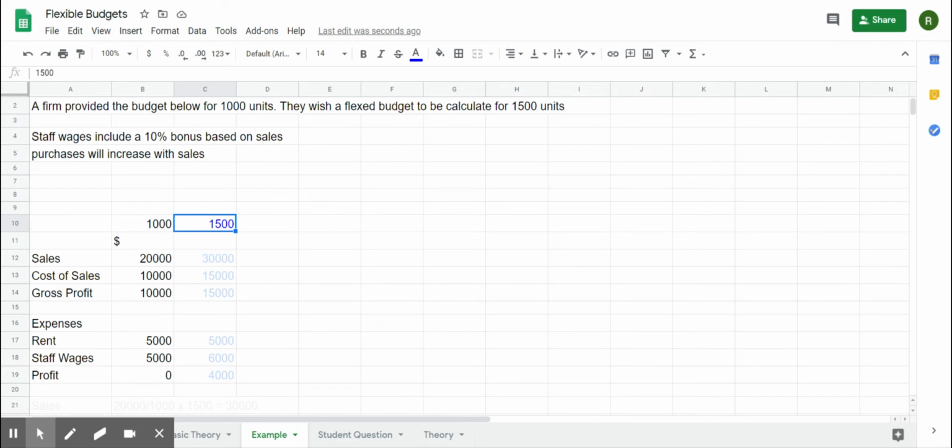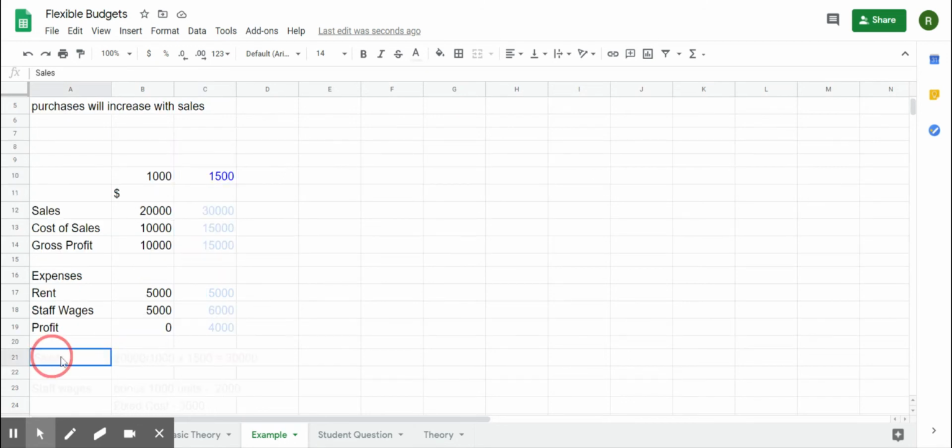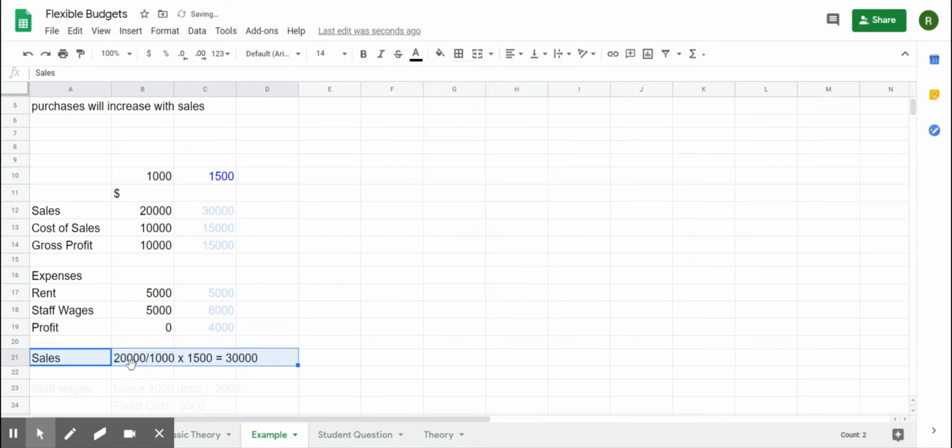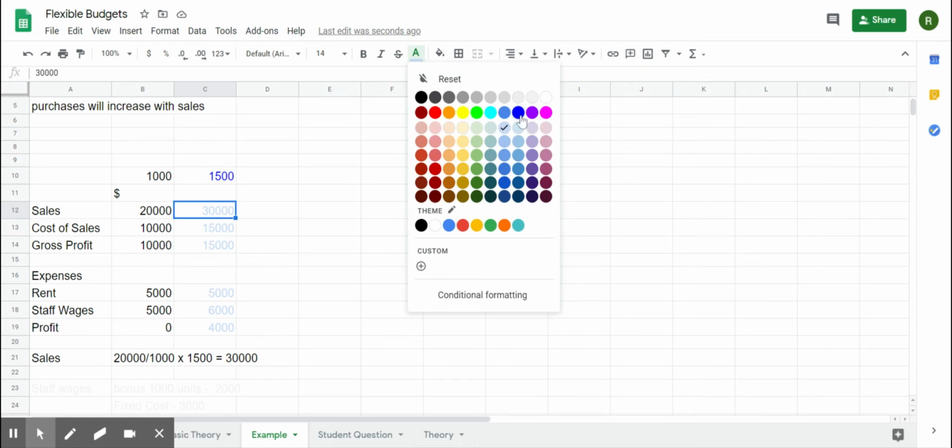The sales are going to be straightforward. We know that they get 20,000 in revenue for 1,000 units. So we will divide 20,000 by 1,000 to find out the revenue for one unit, then multiply that by 1,500, the total units we now expect to sell, and that gives us 30,000 as our sales revenue.